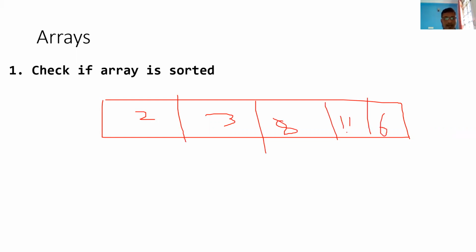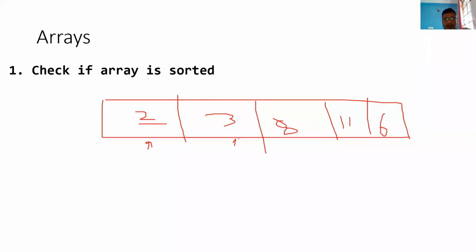What you can do is take this element and check that the elements on the right side are always greater than this. If you find no element on the right side that is less, you can say it is sorted, but it needs to be iterated for all the elements.